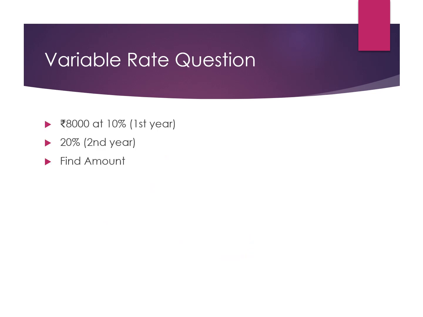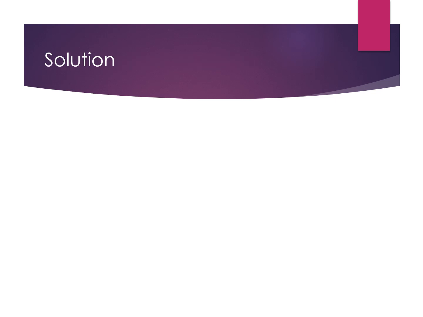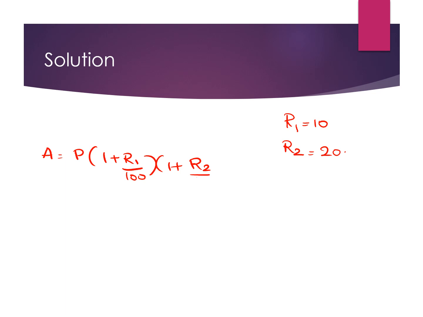Here is a variable rate question. Rupees 8,000 is invested at 10% in the first year and 20% in the second year. Find the amount. So here R1 is 10% and R2 is 20. Therefore, amount is equal to P into 1 plus R1 by 100 into 1 plus R2 divided by 100.